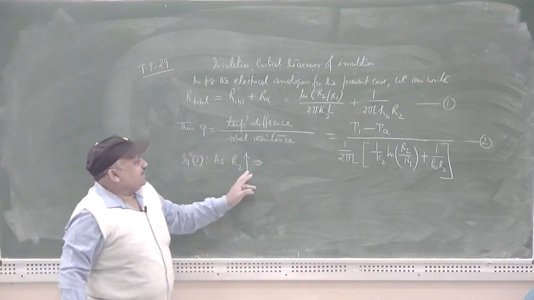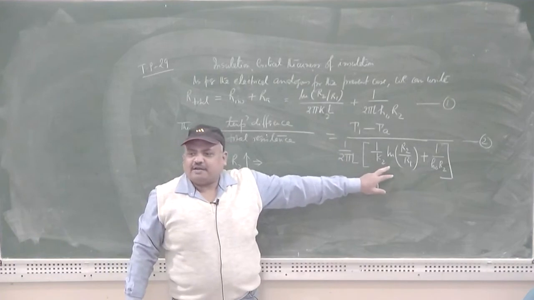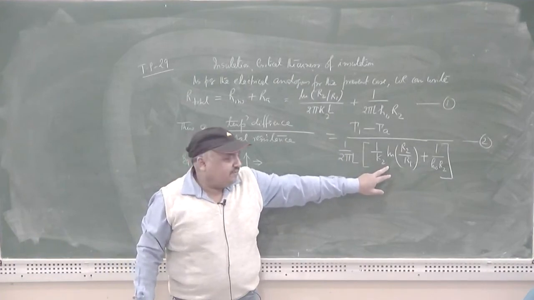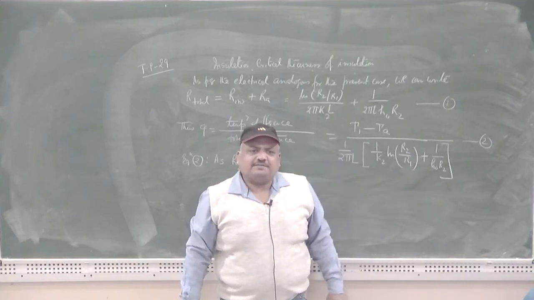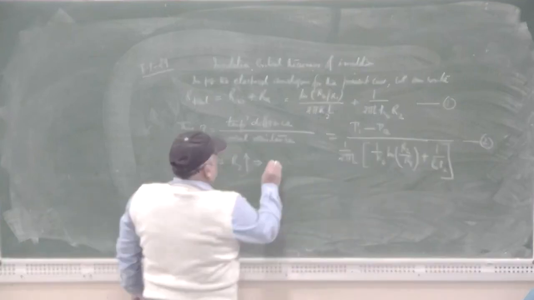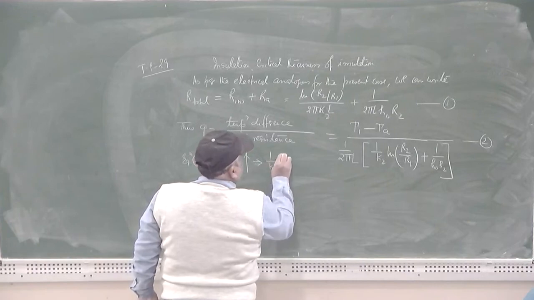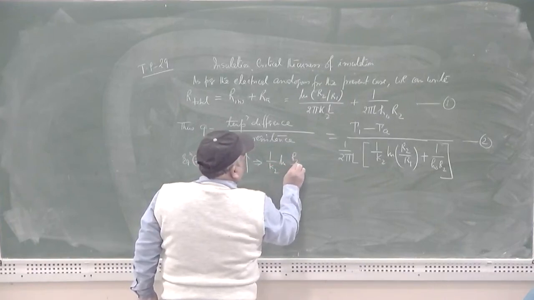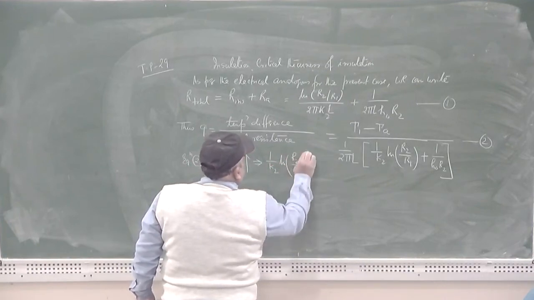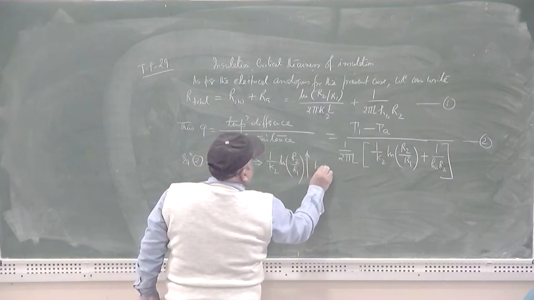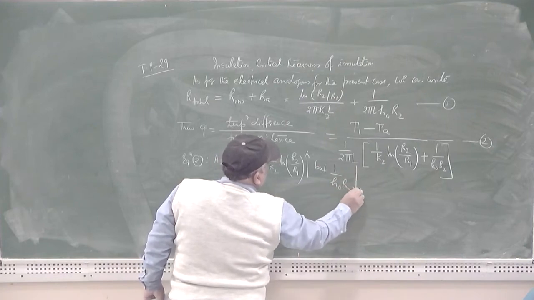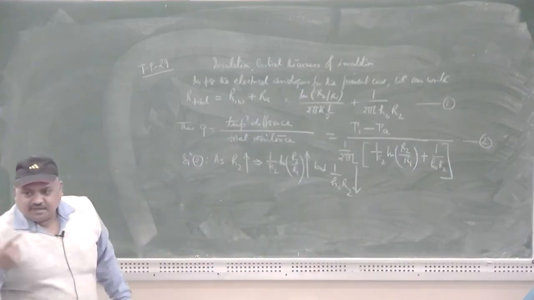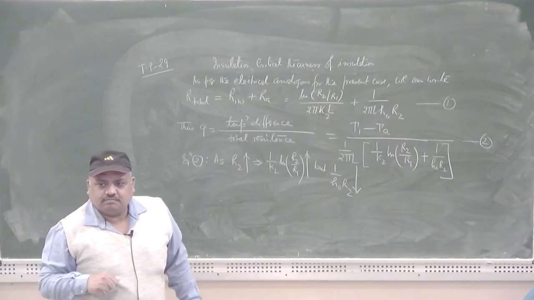If R2 increases, then this factor will increase, but at the very same time this factor will start to decrease. So this factor 1 by K2 log_e R2 by R1 will increase, but 1 by h0 R2 will decrease, and that is why there is a concept of critical thickness of insulation.